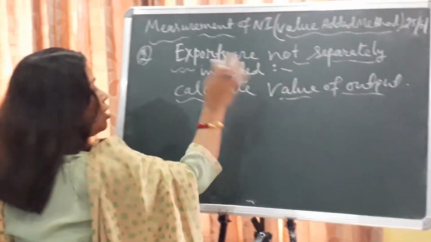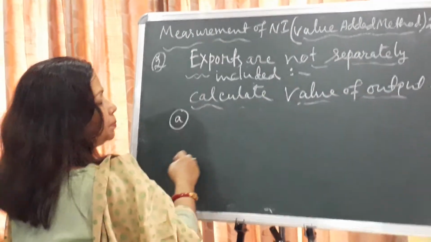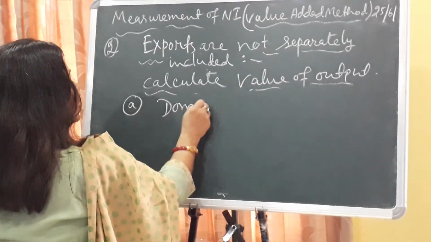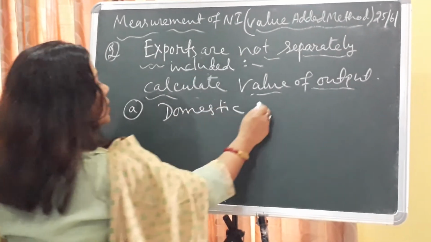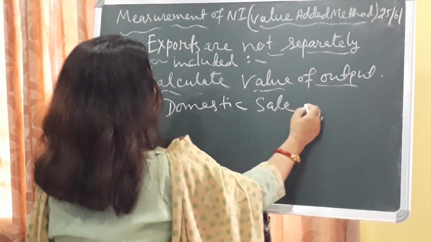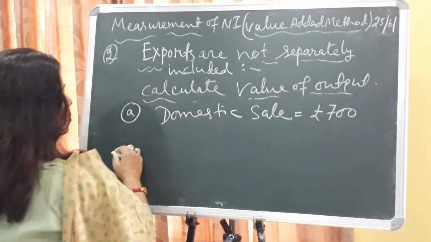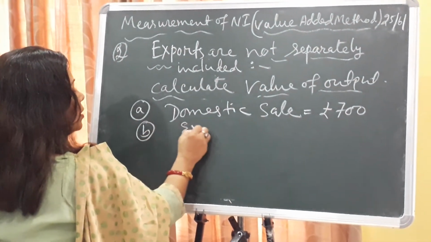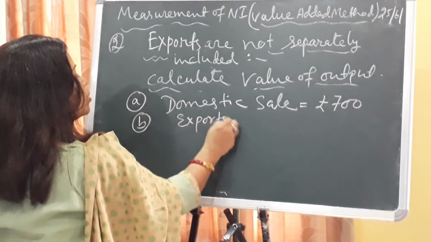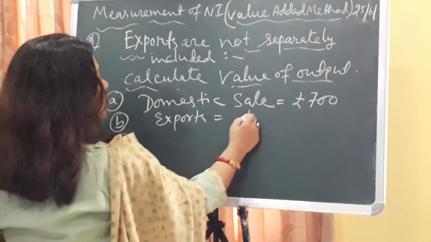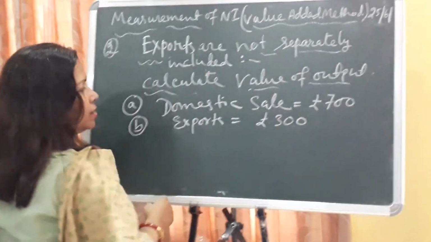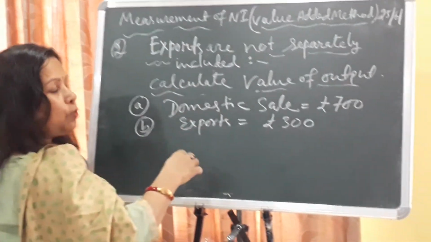So now number 2. Calculate value of output. Number A, domestic sale equal to rupees 700. Number B, exports equal to rupees 300. So calculate value of output.